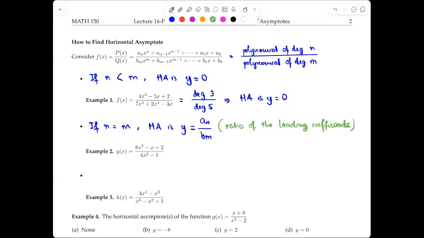So here, the numerator is of degree 2 over degree 2. So therefore, you say that the horizontal asymptote is y equal to 8 over 4. Again, this is the ratio of the leading coefficients. This is equal to 2.